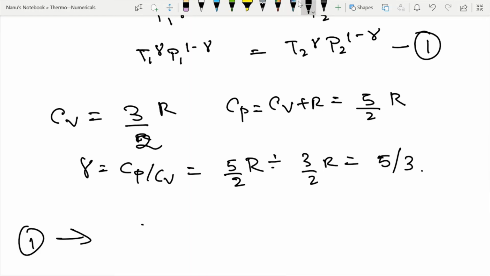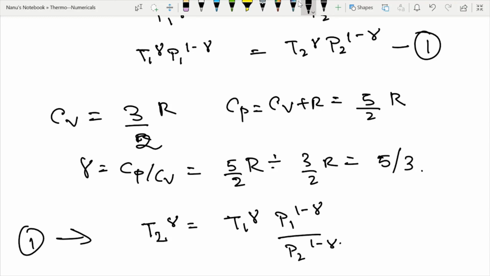The best way to write this problem: suppose we need to find T2. So T2 to the power gamma equals T1 to the power gamma, P1 to the power 1 minus gamma, P2 to the power 1 minus gamma.